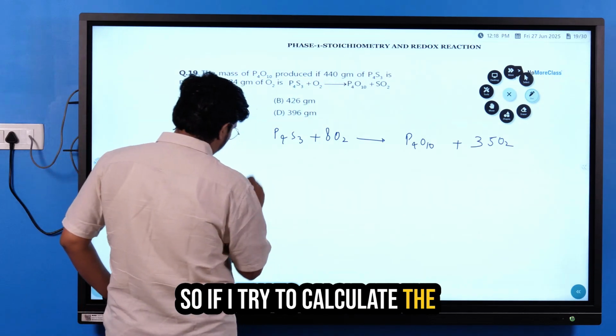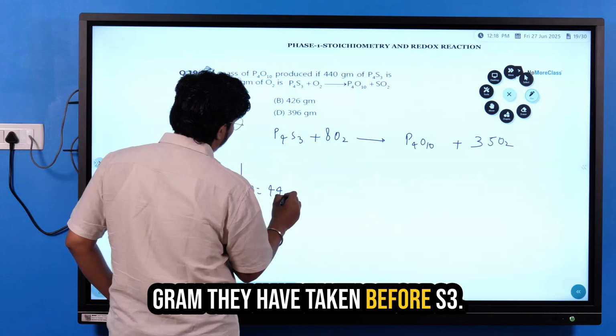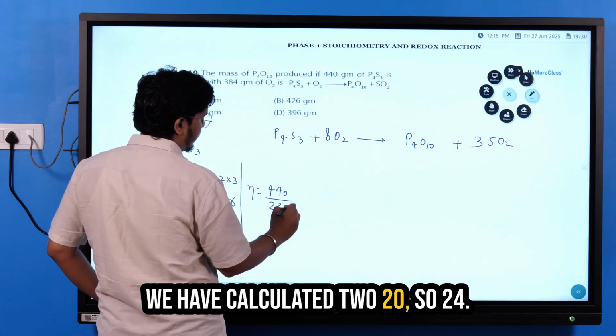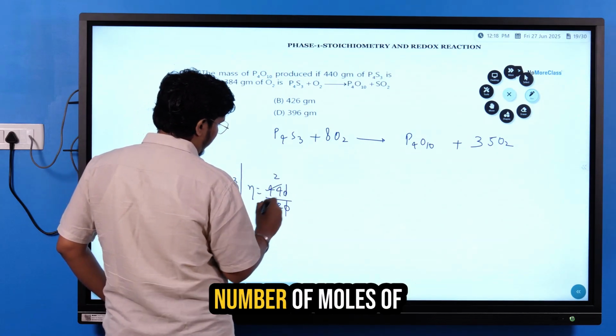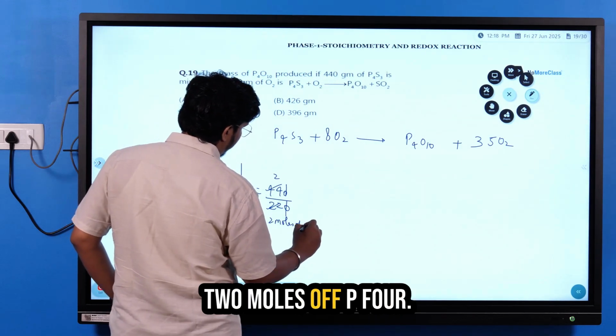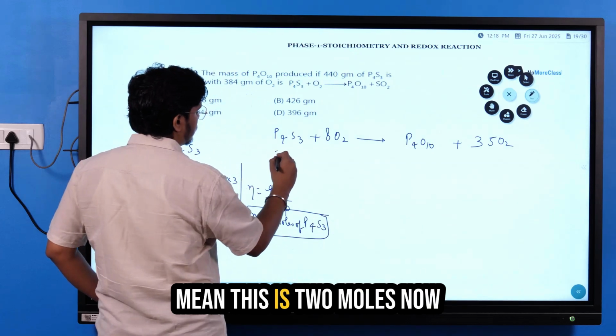So the number of moles, 440 gram they have taken of P₄S₃, molecular mass we have calculated 220. So the number of moles is 2 moles of P₄S₃.